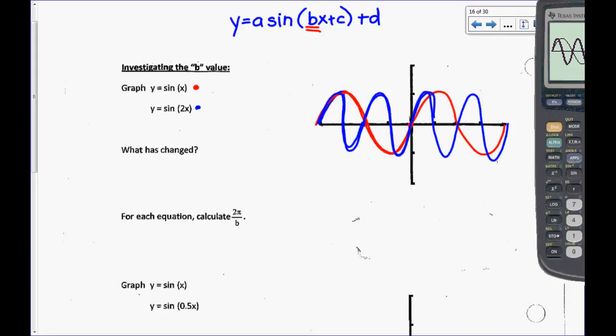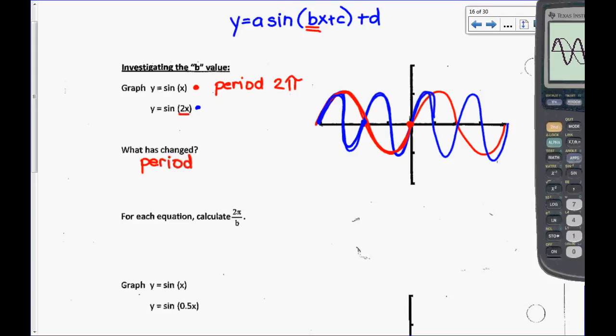So what has changed? Well, the period has changed this time. The regular sine function had a period of 2 pi. When we multiplied our x by 2, what happened to our period? If this whole distance here, the red line, from here to there, is one period, and that's 2 pi, then now I have one period that goes from here to here and stops there.